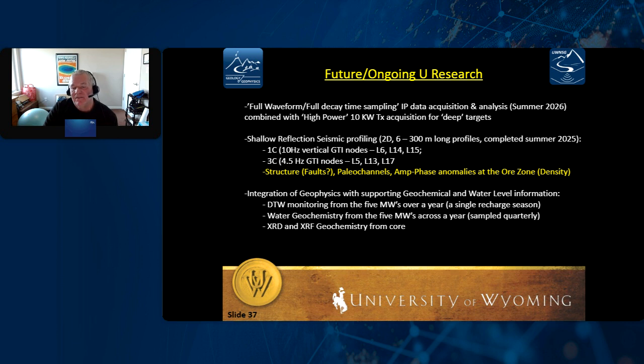I've mentioned this already: we're looking at full decay sampling this summer, with low power and high power systems. We have a high power 10 kilowatt capable system, so we can use that for those deeper 300-meter targets to get both resistivity and IP.